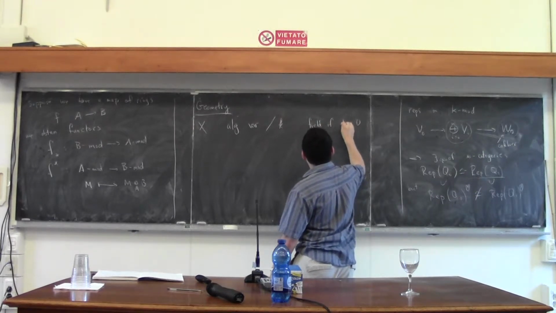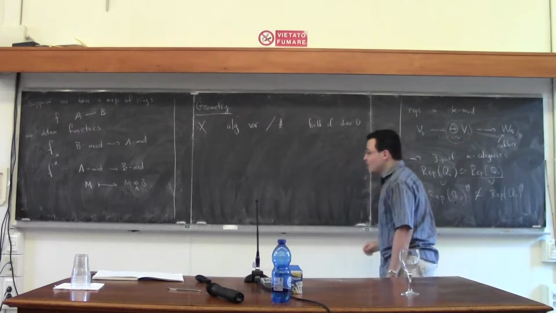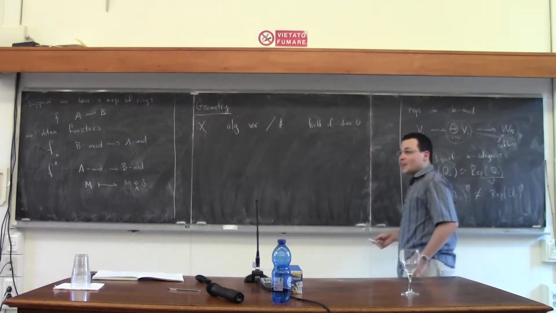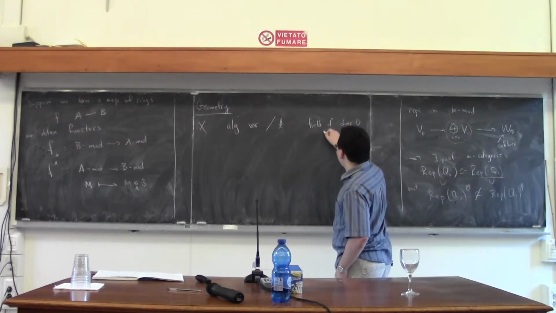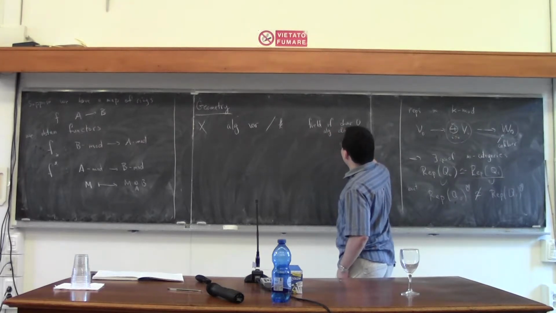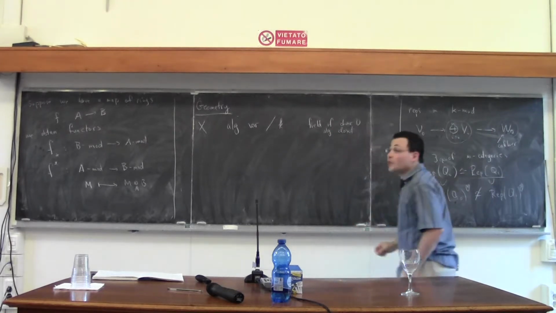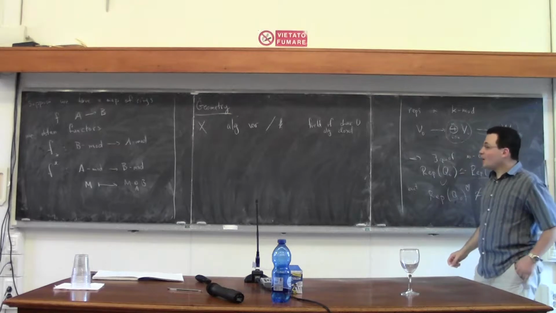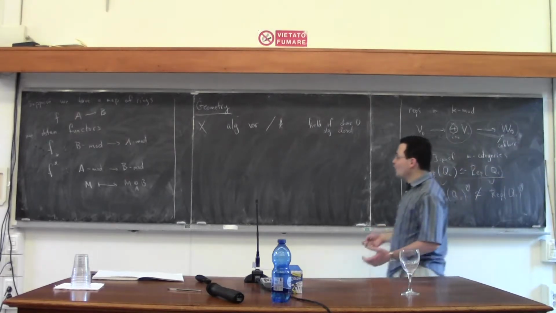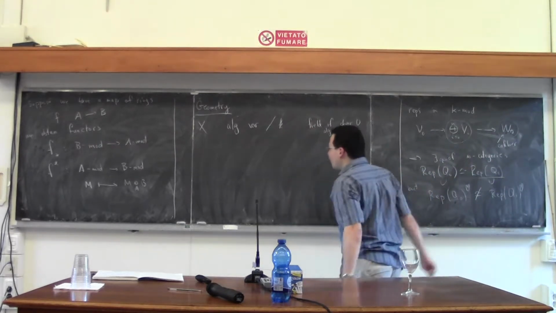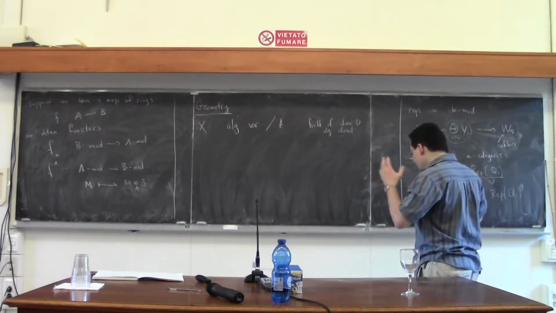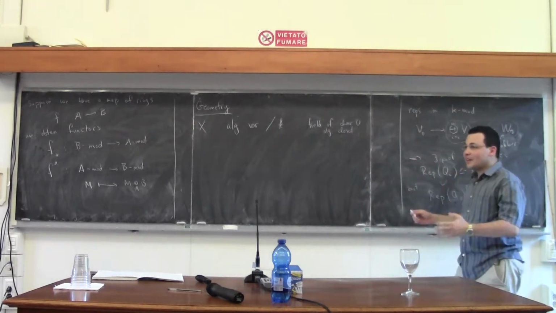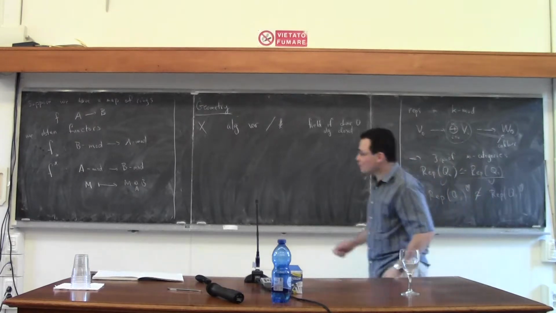None of these assumptions will be necessary, but for psychological reasons, I'll make them. So you might as well assume it's C. You can perfectly well think it's C. You will lose absolutely nothing by doing that, but I like calling it K for some reason.